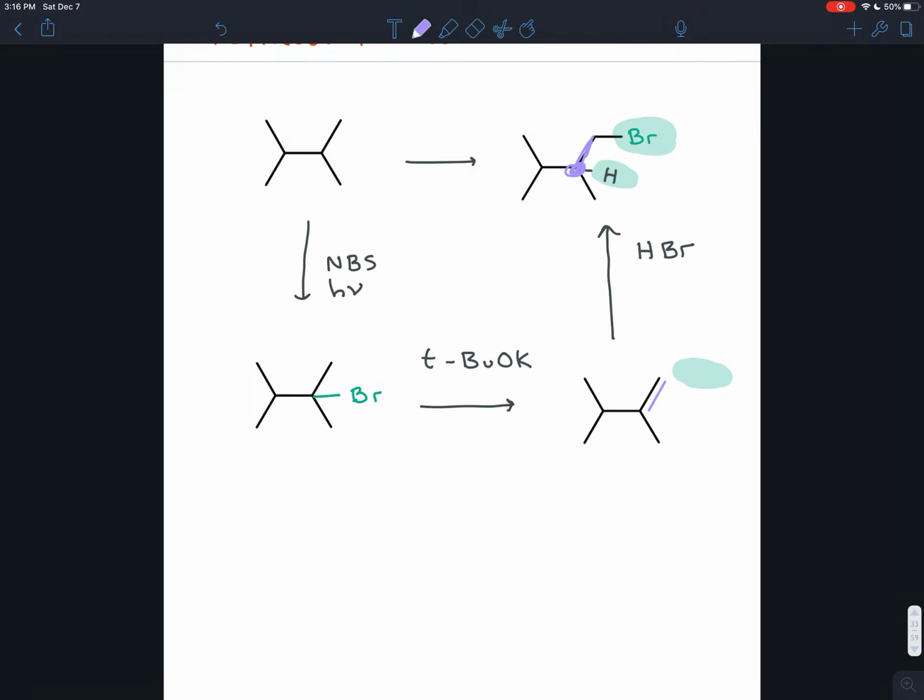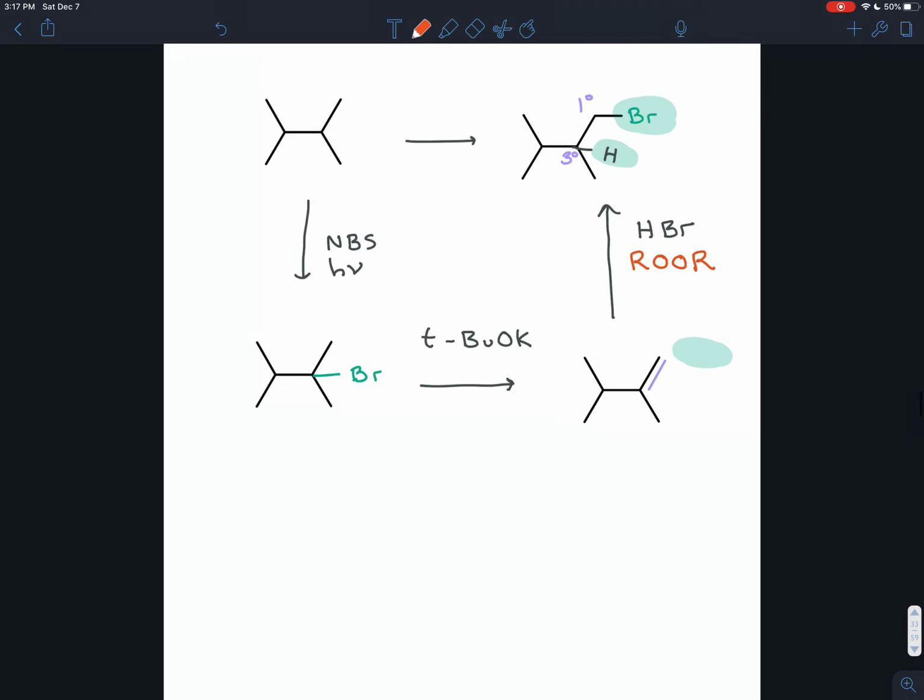This carbon here is bonded to 1, 2, 3 carbons, so it is tertiary. And the carbon that the bromine attached to is only bonded to one other carbon, so it is primary. Notice that the hydrogen went to the more substituted carbon. That is anti-Markovnikov addition. And to get anti-Markovnikov addition, you have to include peroxides. And that's a reaction that was discussed at length in Organic Chemistry 1.